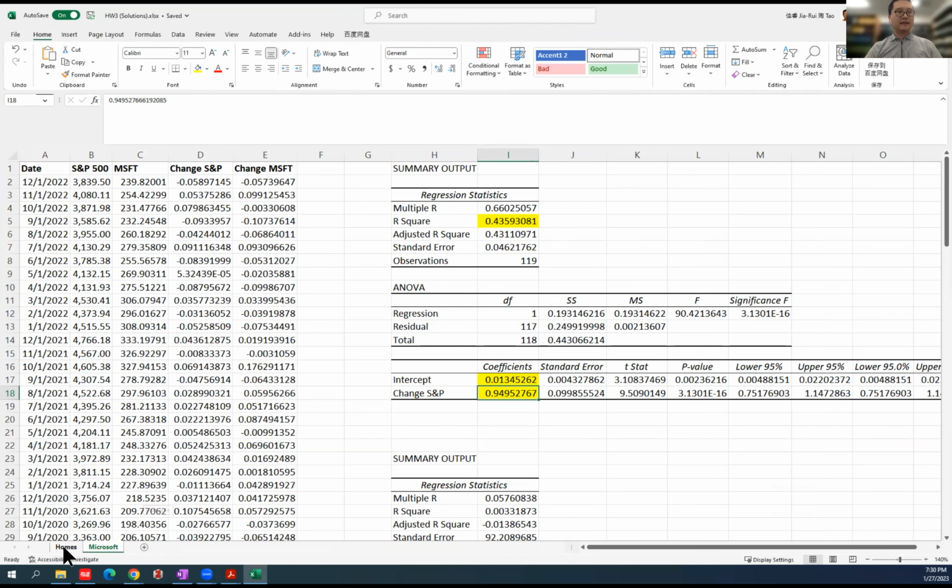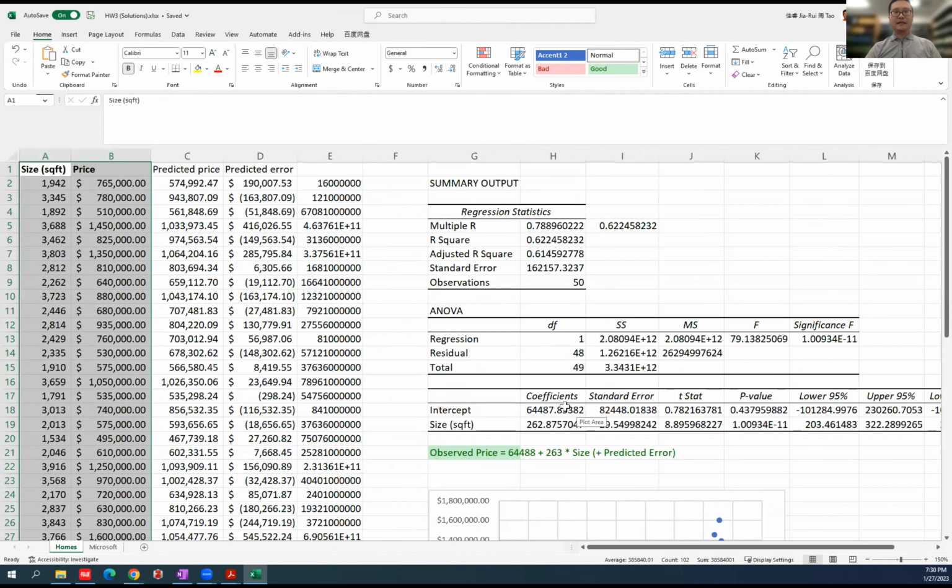Well, if not, I had a somewhat small challenge for you. How would you interpret the intercept in problem 1? That's about 64,000. Any tentative answers? How would you interpret the intercept in question 1?